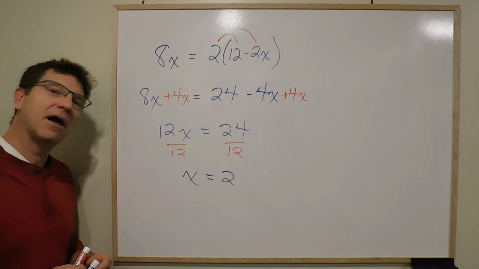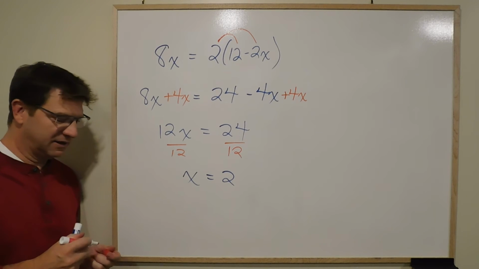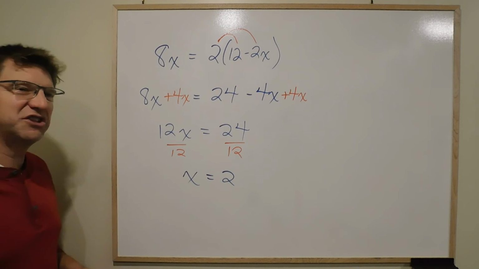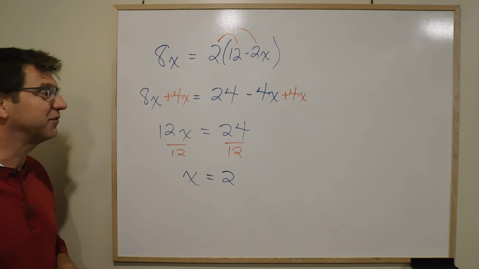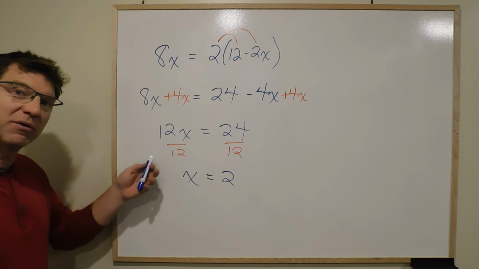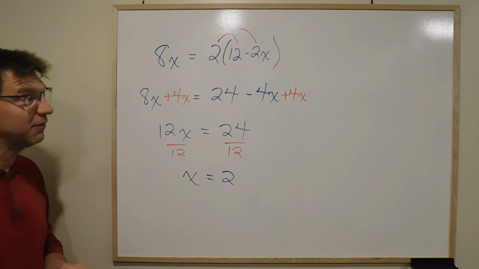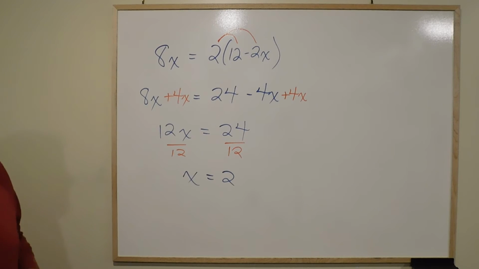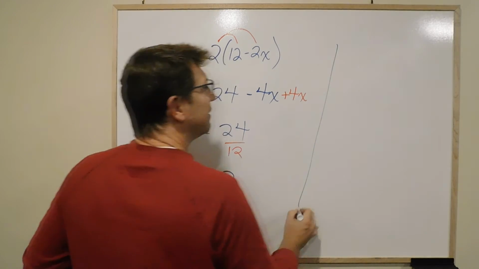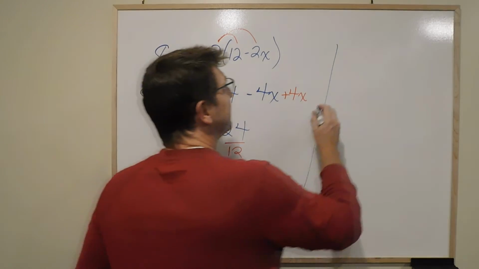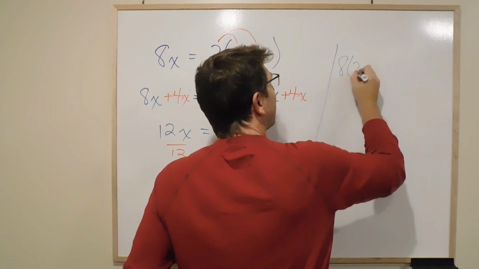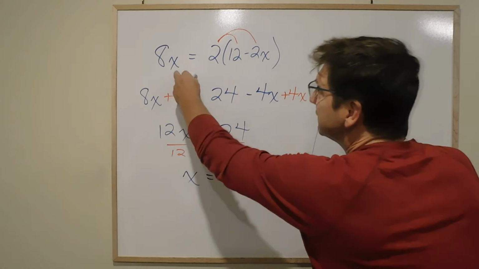Now, I don't know if I'm right, right? I did the work. I can't jam it all into my calculator because I've got variables here, so I actually have to work through the steps. How do I know I'm right? Well, here's how you know. You take your calculator and you put 2 in, because what we're saying is x is 2.